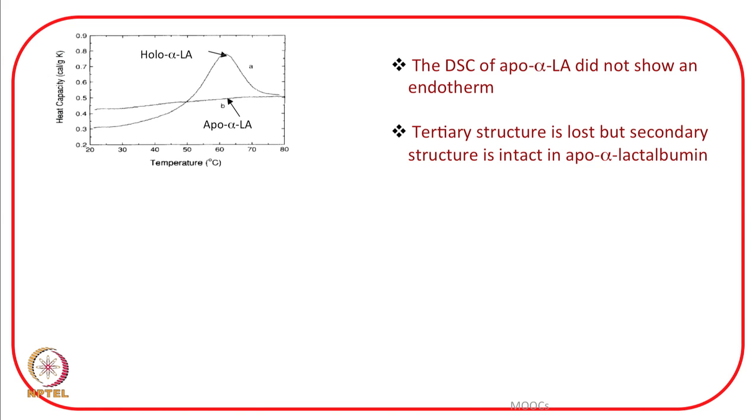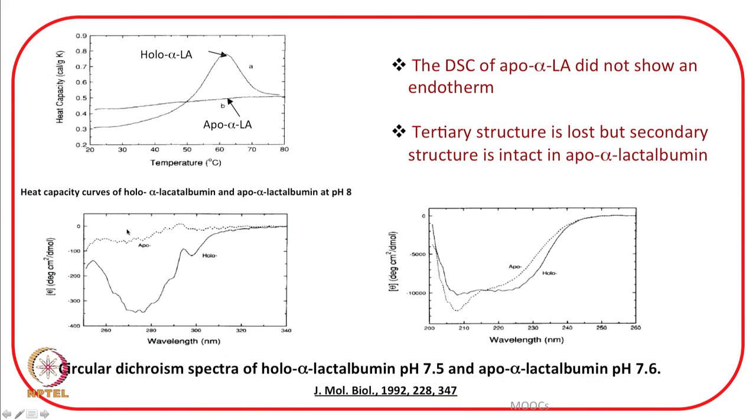And simultaneously, if you look at the CD of apo-alpha-lactalbumin, the secondary structure and tertiary structure, the far UV-CD and near UV-CD, the secondary structure of apo-alpha-lactalbumin is almost similar to the secondary structure of the holo-alpha-lactalbumin, whereas the tertiary structure of apo-alpha-lactalbumin is almost lost, whereas it is intact for the holo-alpha-lactalbumin. That is why the comment is made, tertiary structure is lost, but secondary structure is intact.